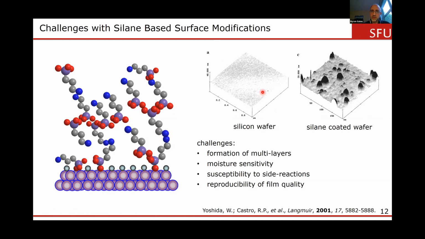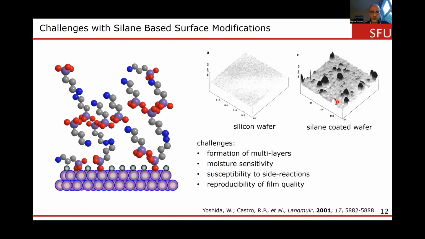As shown in the top images, a modification of a wafer can lead to very high topography, depending on the molecule and how you're depositing the molecule. So we've used monoreactive and multi-reactive silanes in an attempt to improve the quality of these.